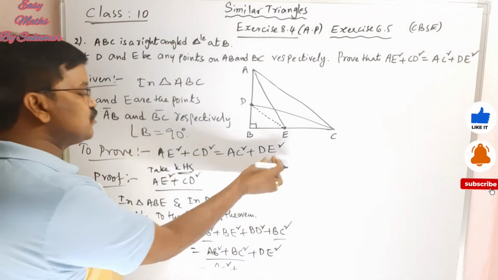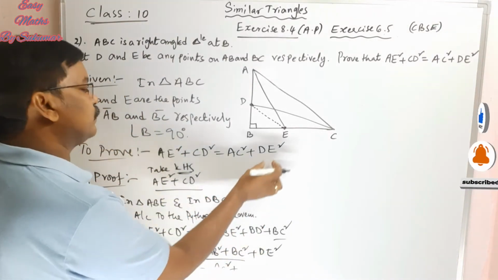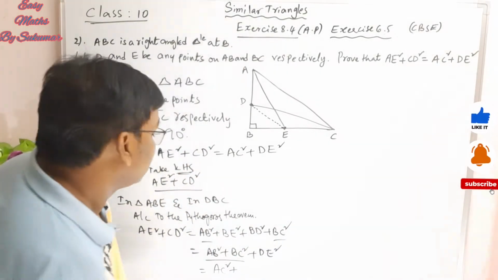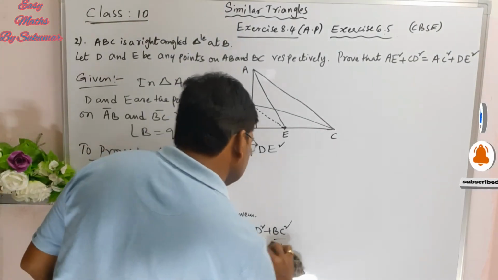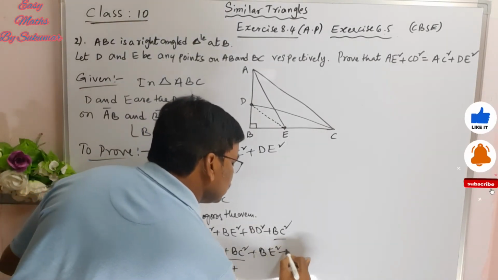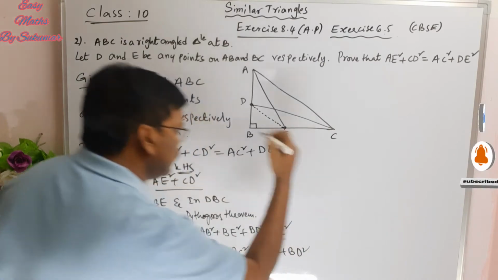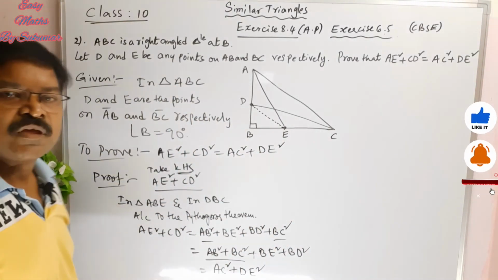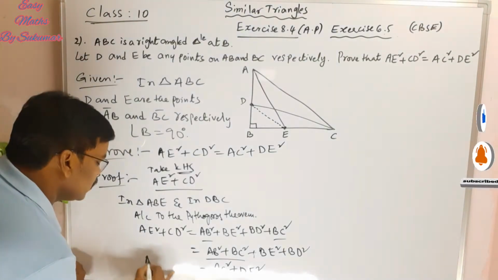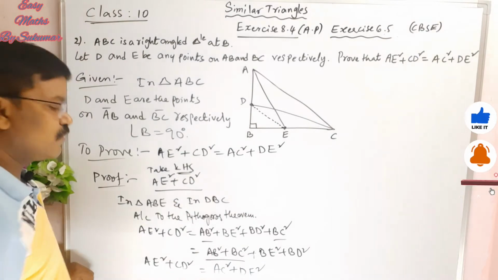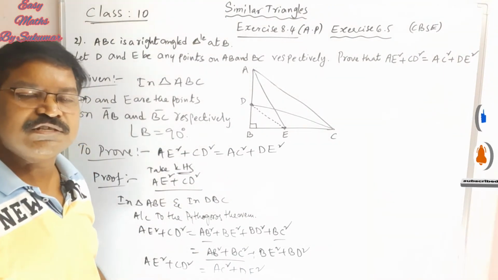Plus, instead of BE square plus BD square, DE square. Hence it is proved. So AE square plus CD square is equal to AC square plus DE square.